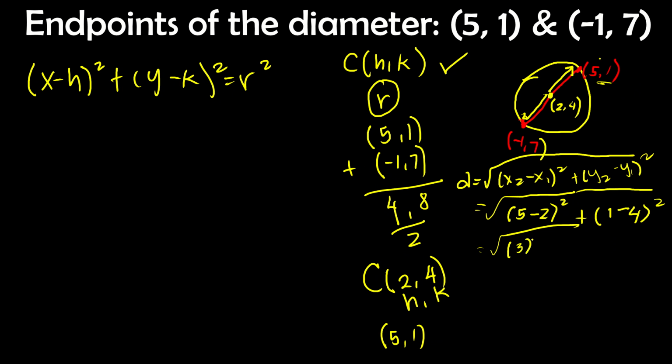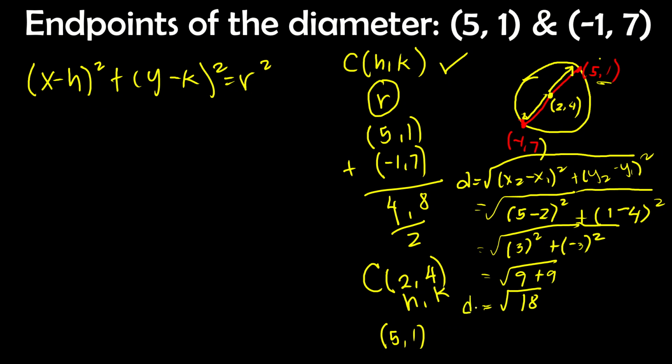So we have 3 squared plus 1 minus 4 is negative 3 squared, equals the square root of 3 raised to 2 is 9 plus negative 3 raised to 2, negative 3 times negative 3 is also 9. And we have the square root of 9 plus 9. This is 18. So is this a final answer?